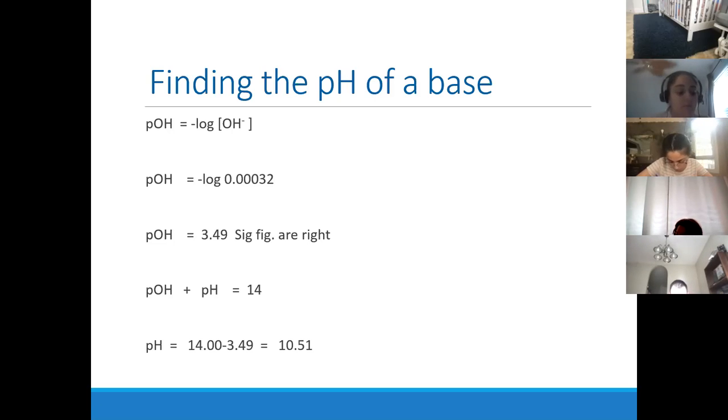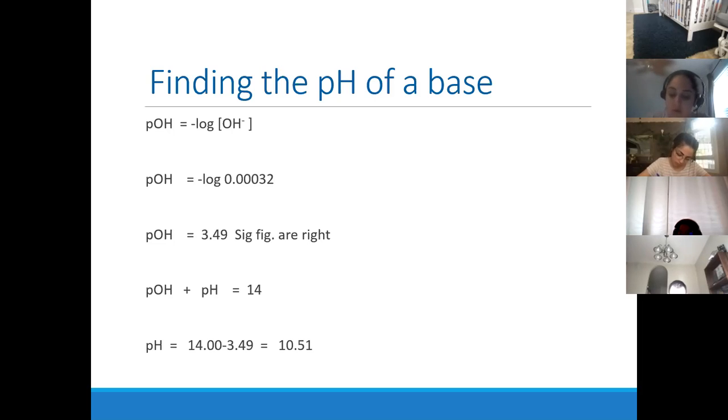So when you are given a Ka and you are given a concentration of a base, first step is to turn the Ka into a Kb. Use the concentration of your base to set up your ICE diagram.